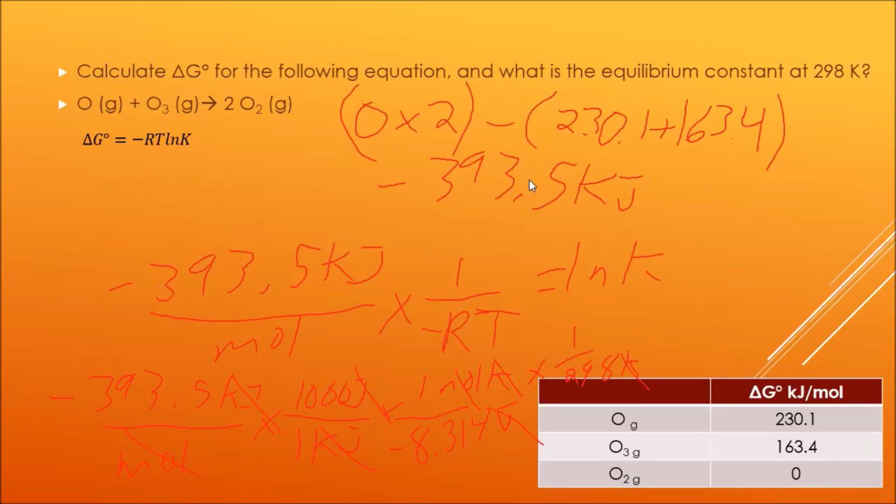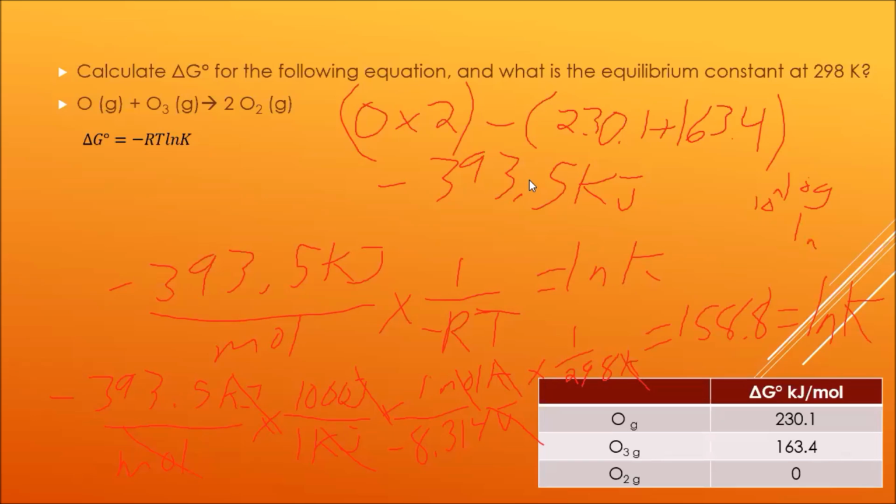So we divide our 393,500 by negative 8.314 divided by 298. You get this whole left side is equal to 158.8. Now, how do we get K? We're going to have to take the inverse natural log. The inverse log, for our log, we said the inverse log is 10 to the power.